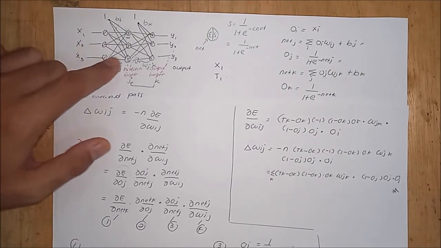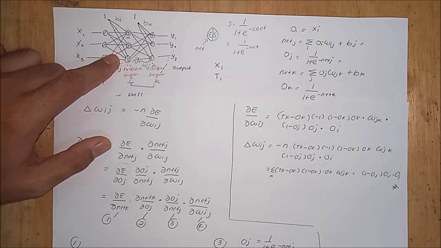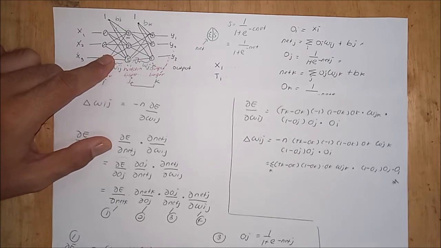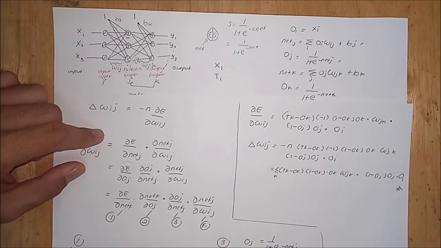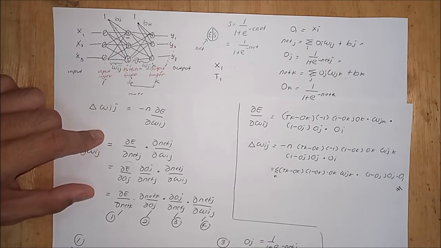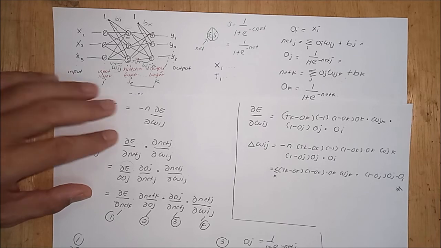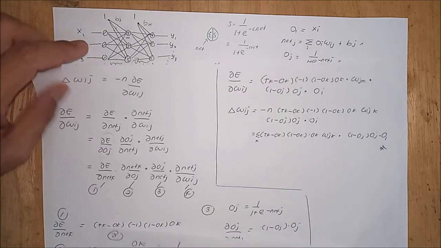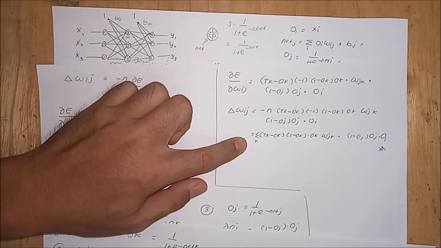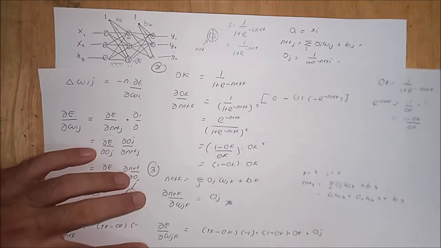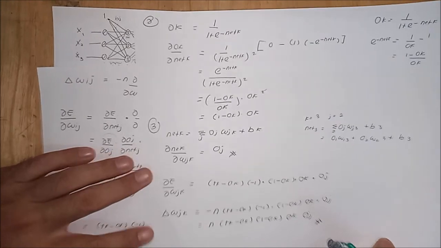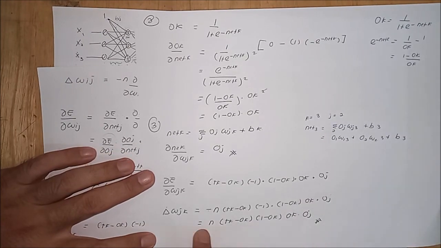This is our neural network model. By using the backpropagation algorithm, our aim is to determine delta Wij and delta Wjk. Delta Wij will be equal to this part, and delta Wjk will be this particular part.